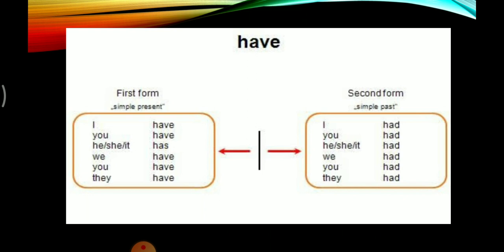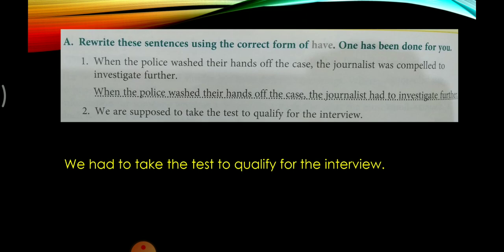I had, you had, he, she or it had. We had, you had, and they had. Okay, very easy. So, in simple past, all will be had, and in simple present, all will be have except for the third person. The third person will be has. Very easy, and I am sure you are clear with it.